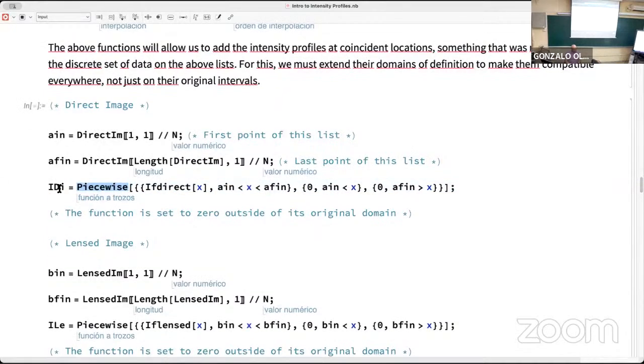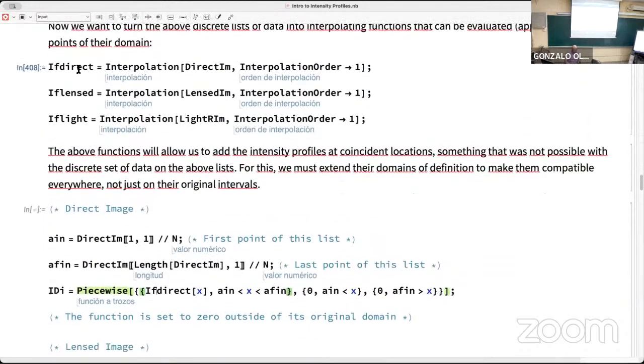So we define the intensity of the direct image using Piecewise in such a way that it is 0 away from the domain where the direct image is defined, and where the direct image is defined, it is the interpolating function of that set. Okay?